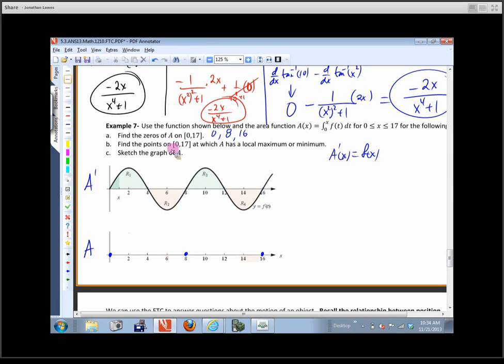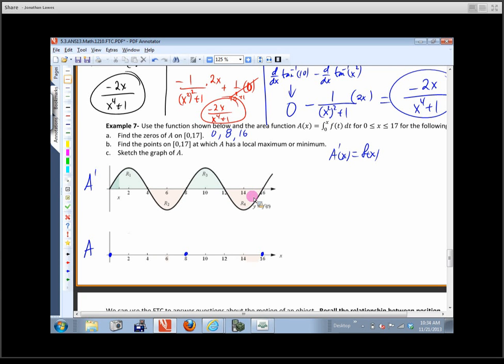Find the points on 0 to 17 where A has a max or a min. Stop and think about it this way. This is the derivative, right? That's the derivative.